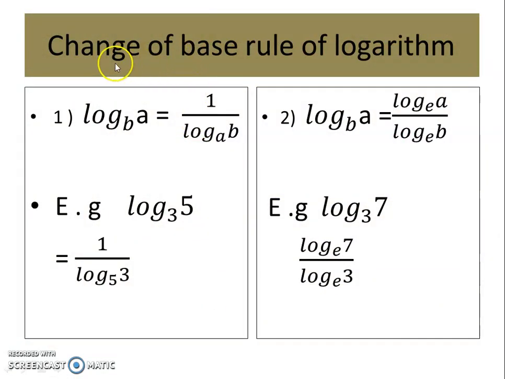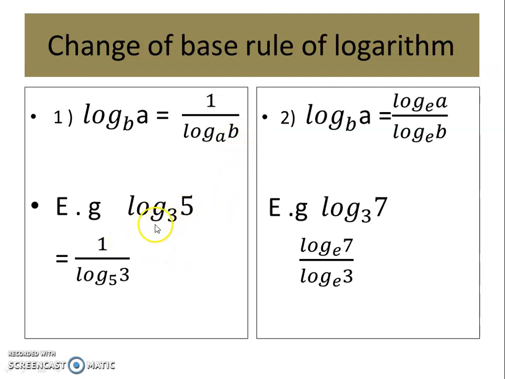Now we take examples based on the change of base rule one by one. First, log a to the base b is equal to 1 upon log b to the base a.